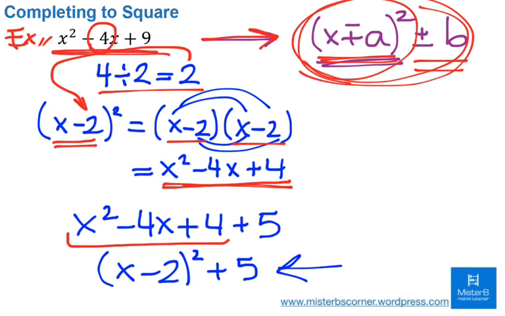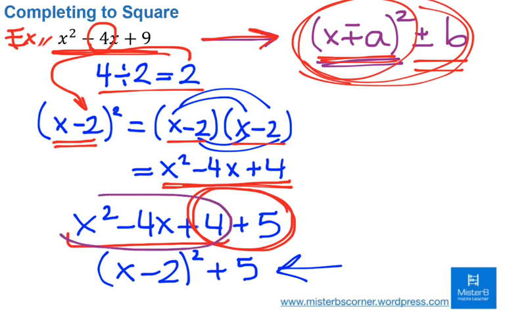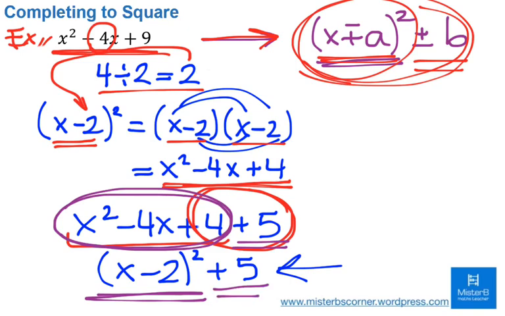I have x squared minus 4x plus 9. 9 is here, but I can break it into 4 plus 5. And when I do that, I get the perfect square expansion, which I can write as the perfect square itself instead. And then I just have plus 5 here to write down. And this is what we call completing the square.